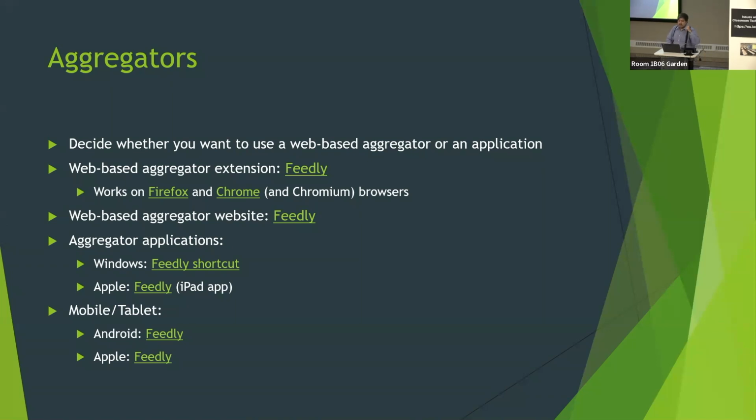There's an extension for Feedly for Firefox and Chromium-based browsers, i.e. Chrome, Edge, Opera, you name it, it's probably Chromium. If not, you might want to get on that Chrome train. Everyone else seems to be on it, but that's up to you.